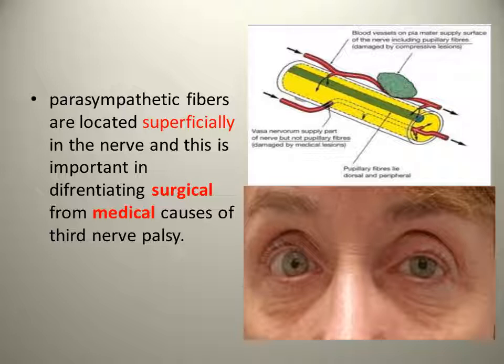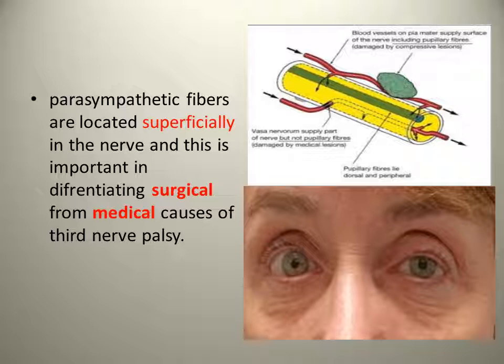The superficial fibers of the nerve are supplied by the pial vessels, while the core of the nerve, or the inner fibers, are supplied by the vasa nervorum. So the pial vessels are mostly affected by any lesion causing pressure on the nerve superficially, like aneurysms, especially aneurysm of the posterior communicating artery, or tumors.